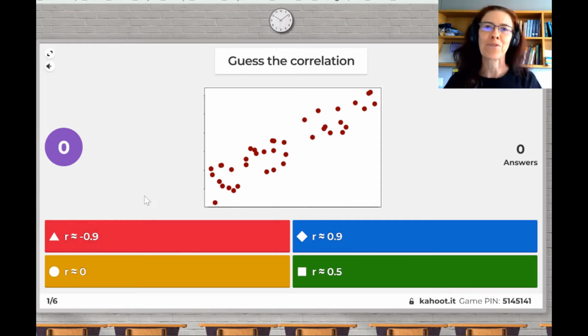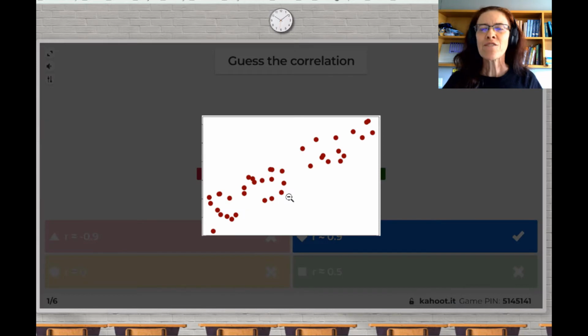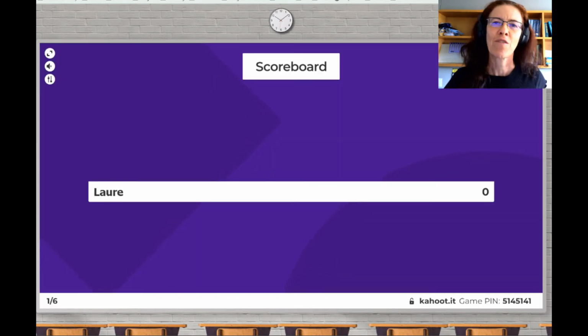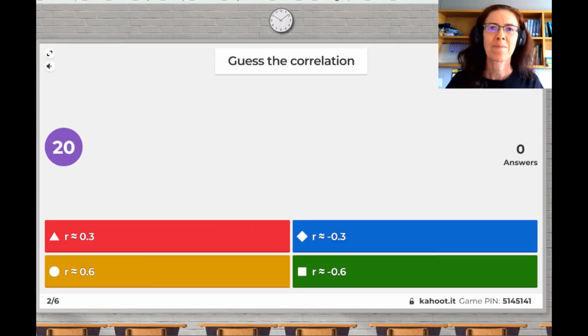So the answer to this one was 0.9. A lot of students think, it's not that close to a line and would choose 0.6. So the reason why I put in this example is to show you that that is good enough to deserve a 0.9.